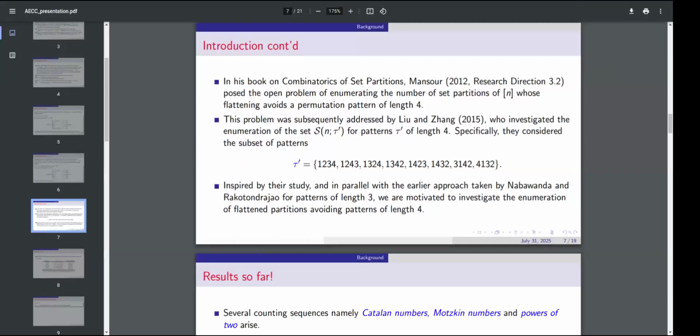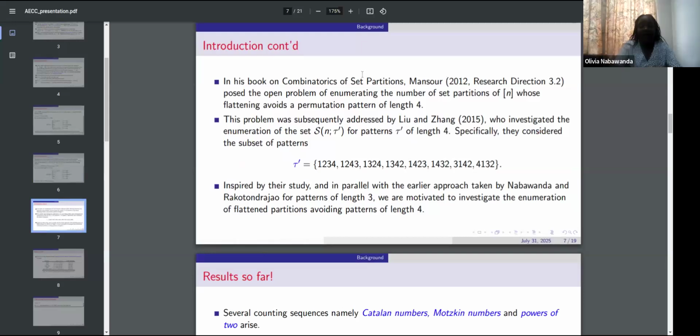Yes. Okay. Then Mansour, in his book titled Combinatorics of Set Partitions, posed some open problems under section 3.2, where he was trying to give different research directions. The problem he proposed was looking at the number of set partitions of n whose flattening avoids a pattern of length 4.